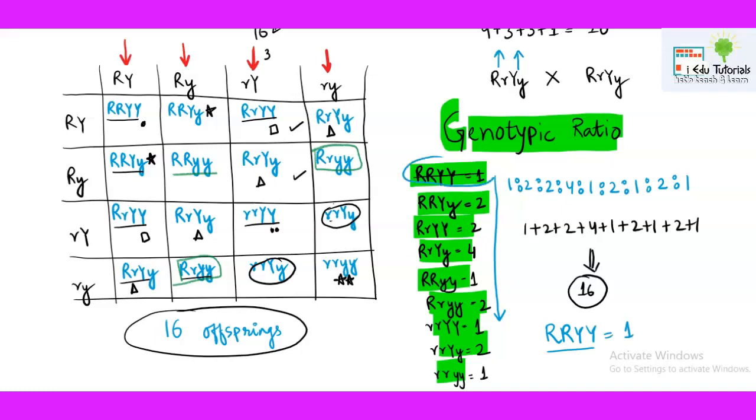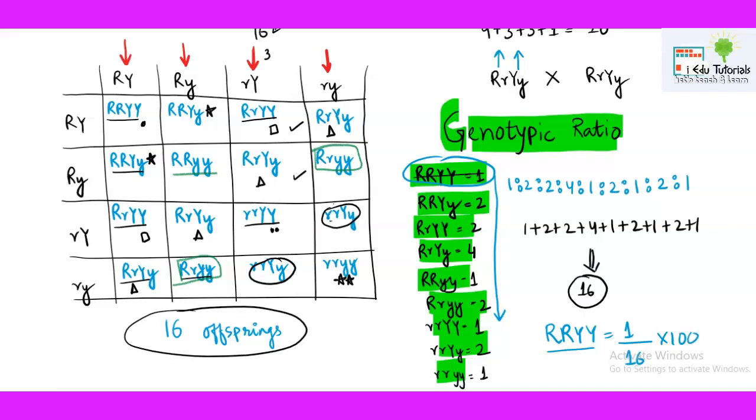We have worked out while we were calculating the genotypic ratio. Now 1 individual has been received out of 16 individuals. So if they are asking you in fraction, you have to give the answer in fraction only. Otherwise, if you want to calculate in the percentage, you need to multiply this value by 100.